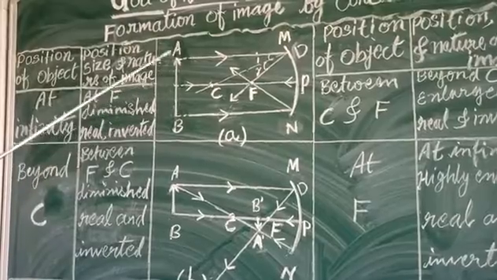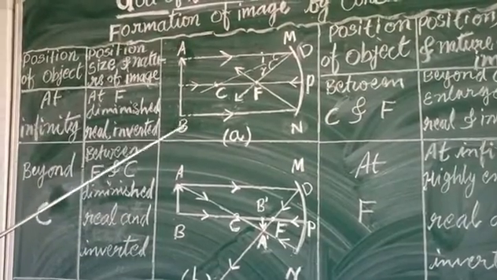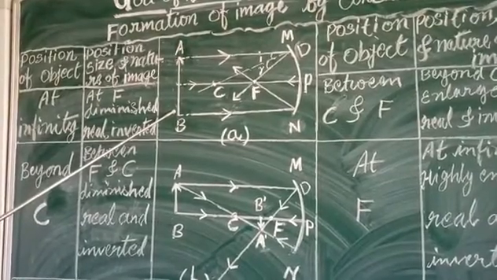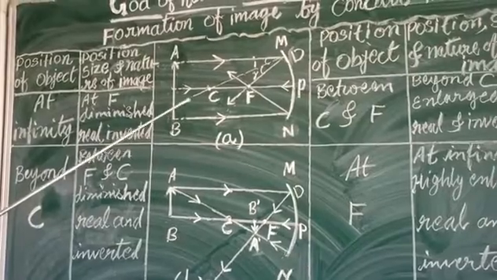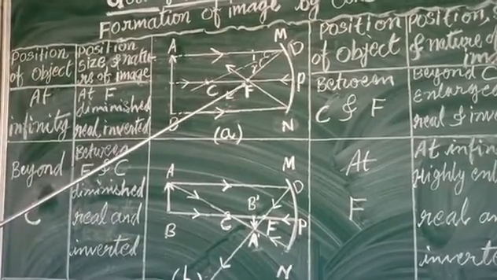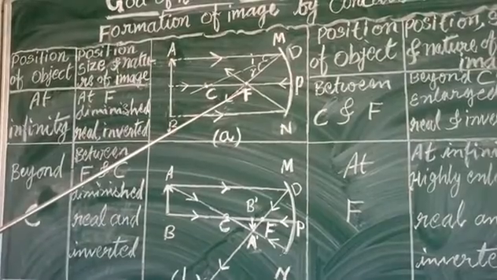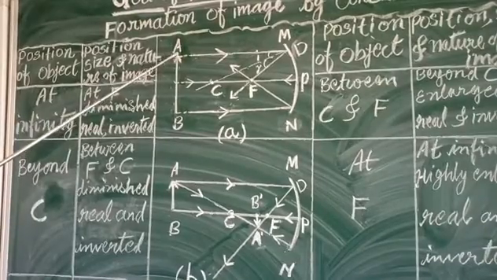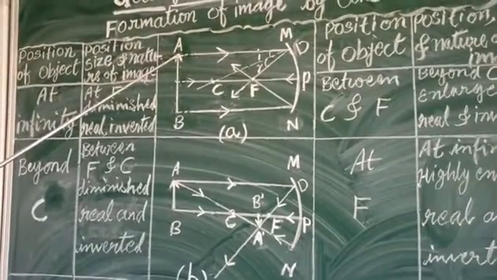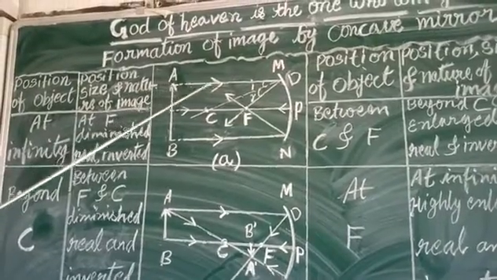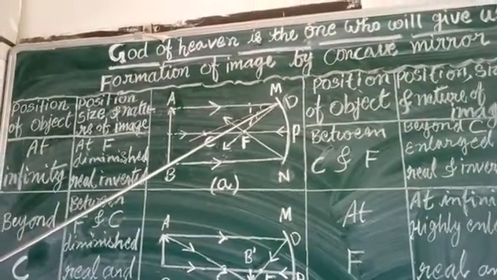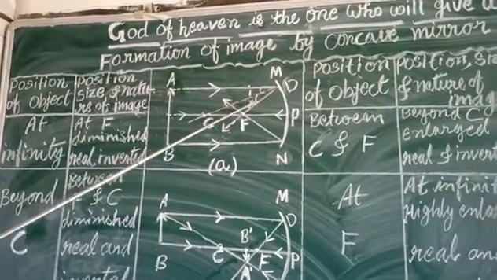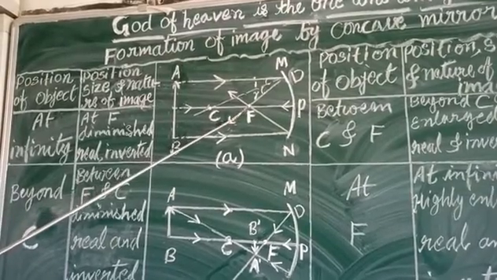When we place object AB at infinity, what will be the image formed? The image will be formed here at the principal focus. So how is it formed? A ray of light passes through the top point of the object and strikes the surface of the concave mirror, and after reflection it passes through the principal focus.